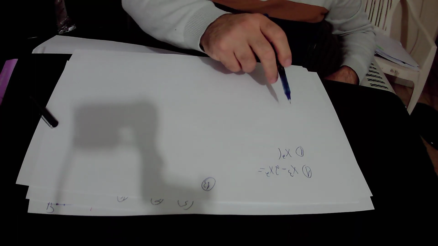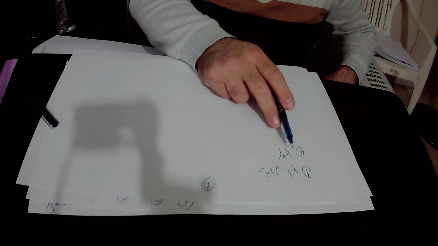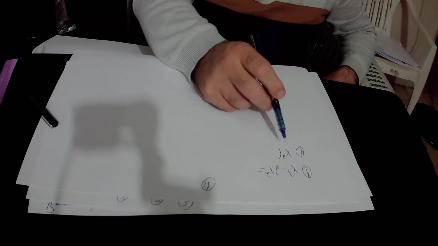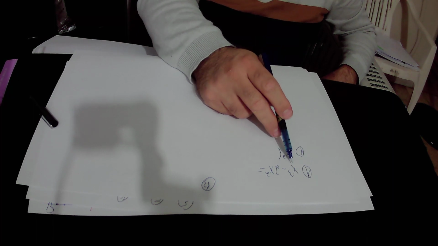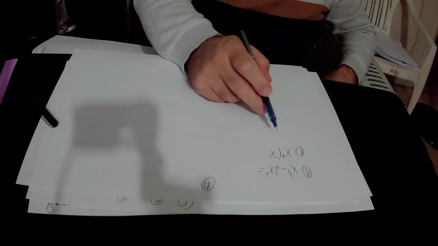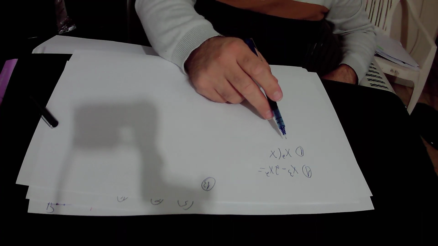So we took out the common factor x squared from x cubed minus 2x squared. What is left from this expression after we took out the common factor of x squared? What is left is actually x. And what is left from minus 2x squared after we took out the common factor of x squared?